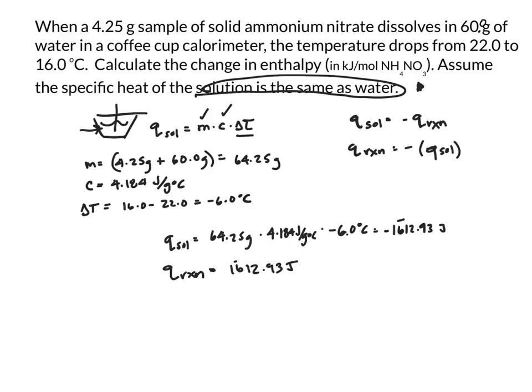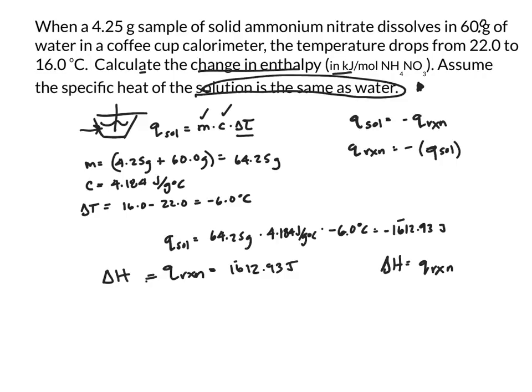Now they've also asked us to calculate the enthalpy change. Remember that for constant pressure conditions, delta H is equal to Q of reaction. So in this case, I have my Q of reaction, so delta H is equal to that because this is a constant pressure situation. And then finally, guys, they want us to express our enthalpy in kilojoules per mole of our ammonium nitrate.